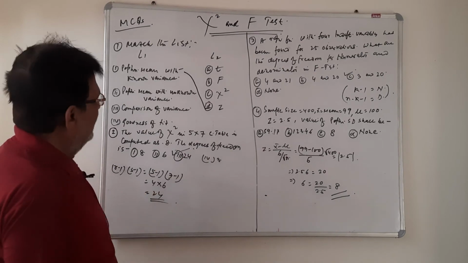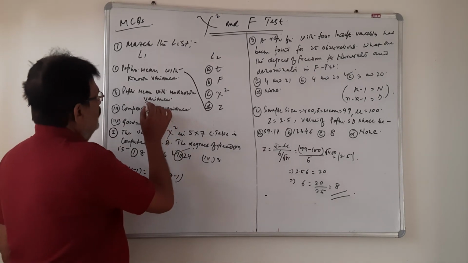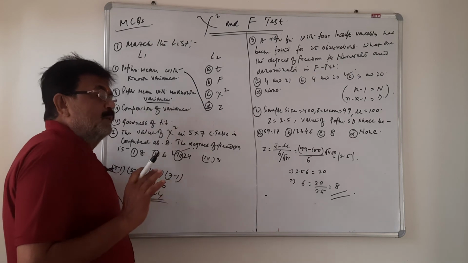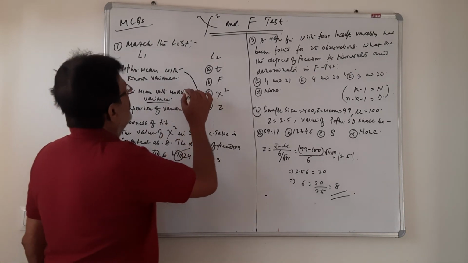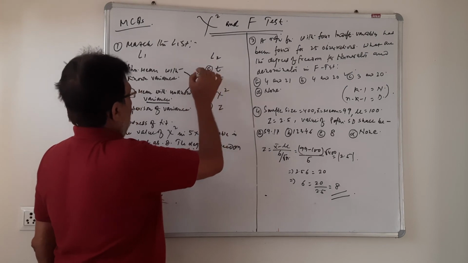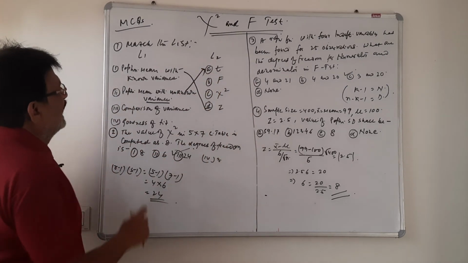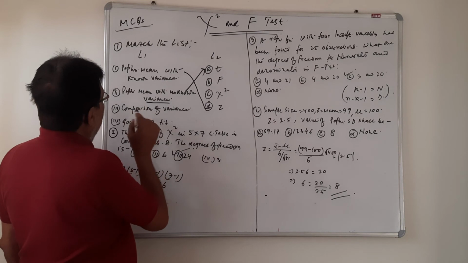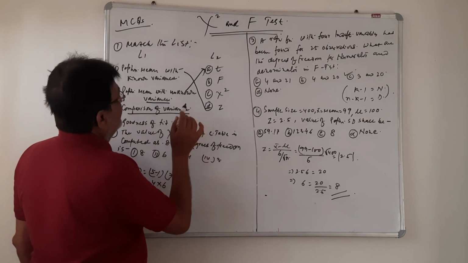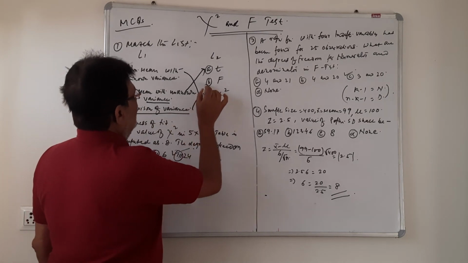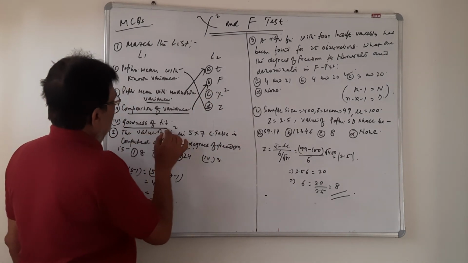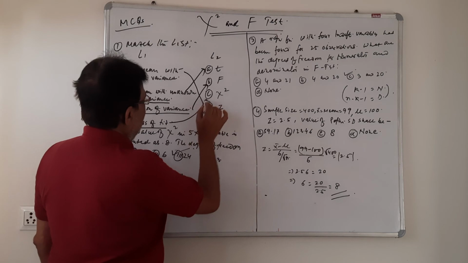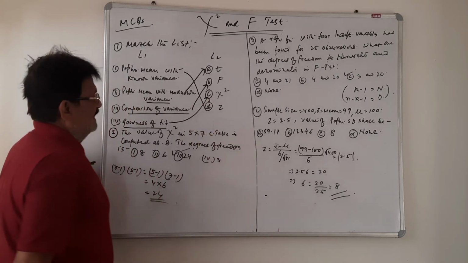There too I had explained that when the population variance is unknown, we go for the unbiased estimate of the population variance, and there we use T test. Number 3, comparison of variance. This is the ratio of variances, and this is done by F test. And goodness of fit, a very famous test, that is chi-square test.